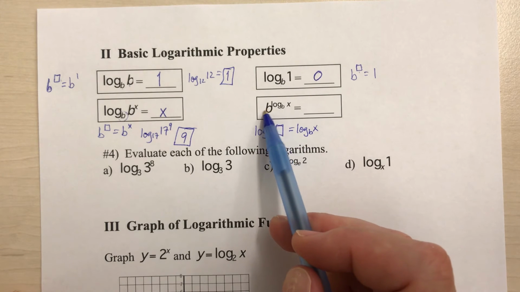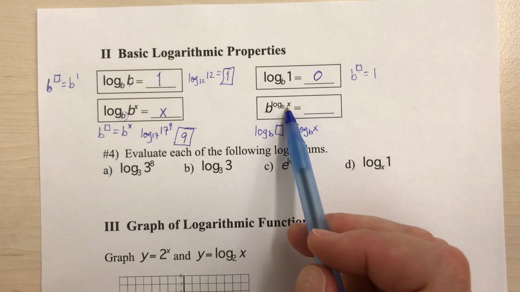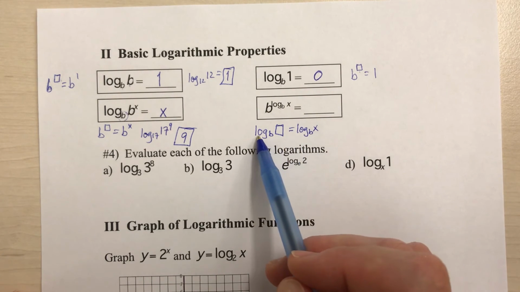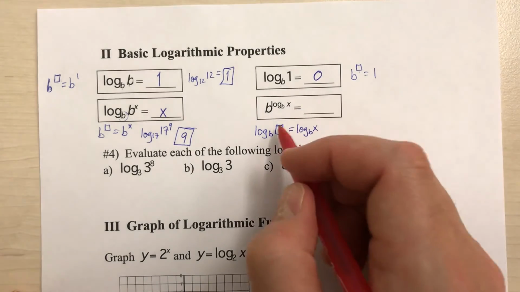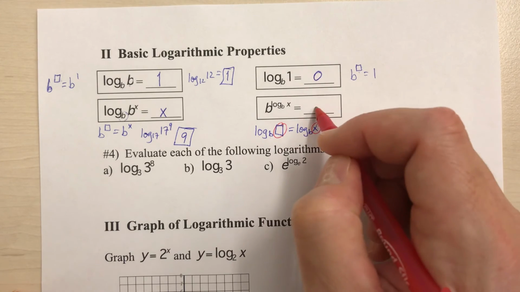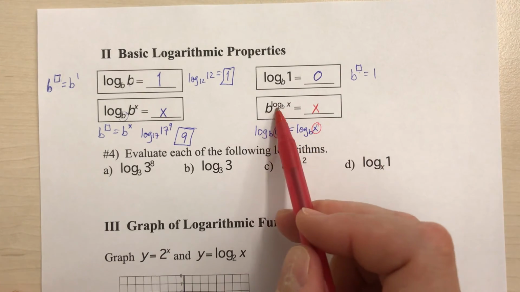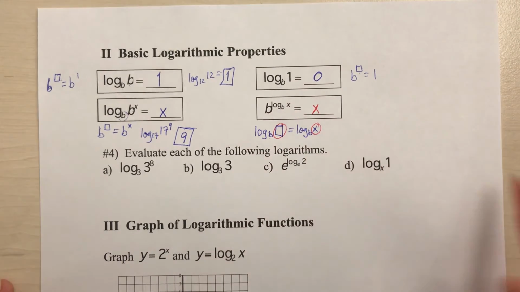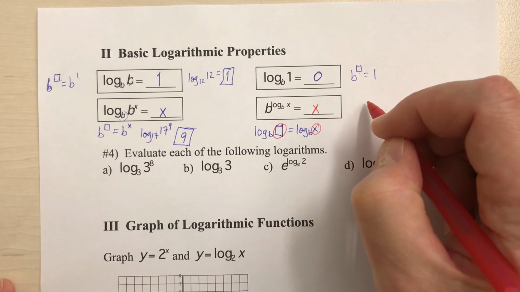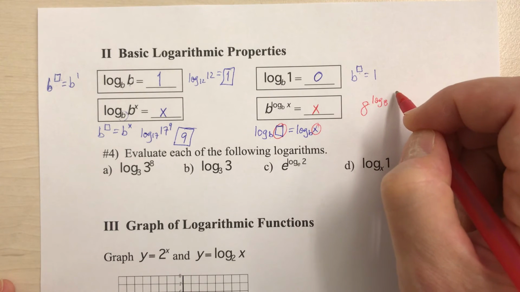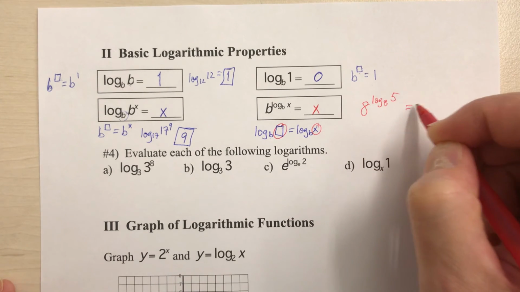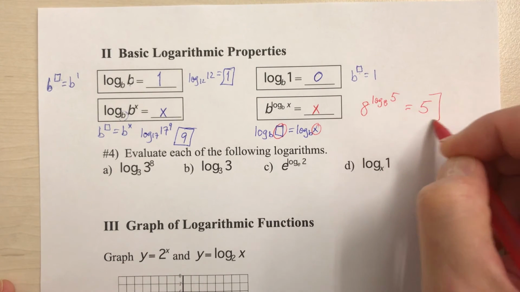Change that to a log. So the log base b of this gives us the exponent. Now, if we have the same bases again, then that means that this piece and this piece have to be equal. So this is a confusing way to say that your answer is just x. So if I say 8 raised to the log base 8 of 5, it's going to be equal to 5.